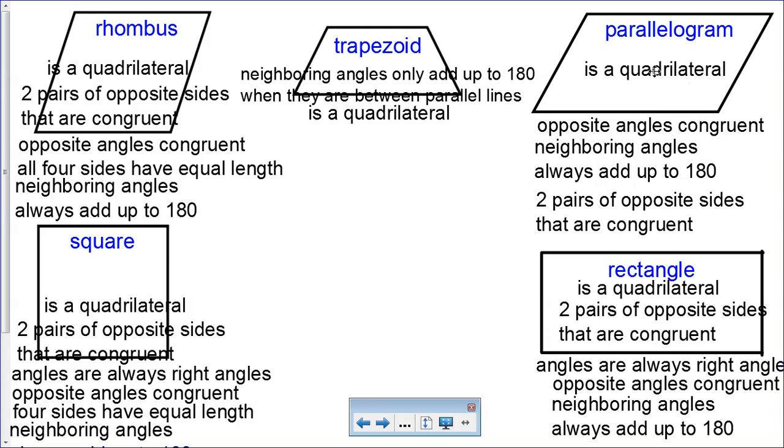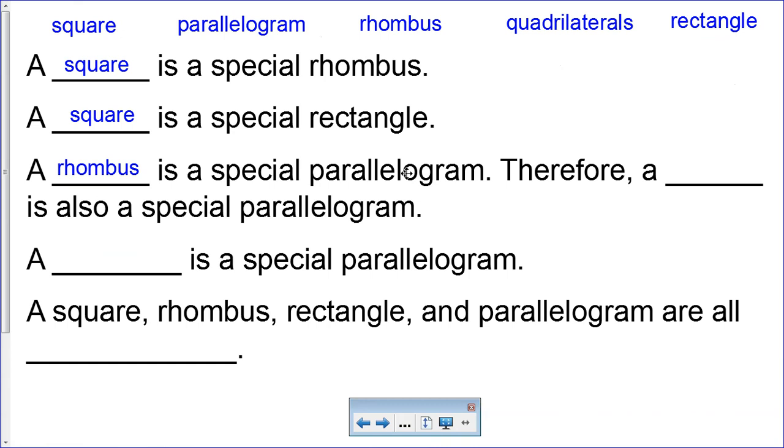The opposite sides are congruent, yes. The opposite sides in a rhombus are congruent, and it just so happens that they all have the same length. In a parallelogram, that's not true. So therefore, if a rhombus is a special parallelogram, a square also has to be a special parallelogram.